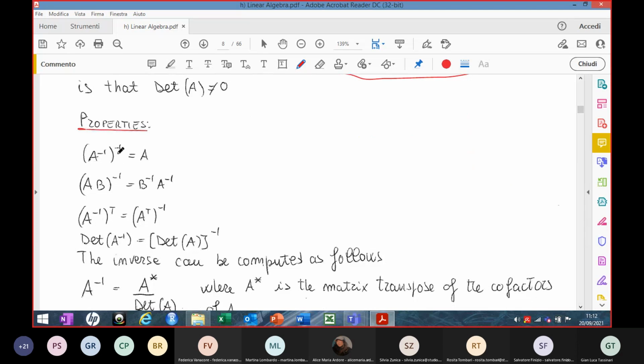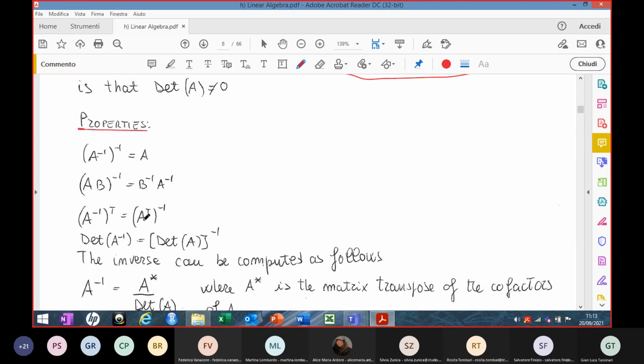Yes, the inverse of the inverse is A. If you have a product and you have to take the inverse, you can do B to the minus 1 times A to the minus 1, so you have to change the order between B and A. Obviously, A and B are square matrices of the same order. If you have to consider the transpose of the inverse, alternatively, you can consider the inverse of the transpose.